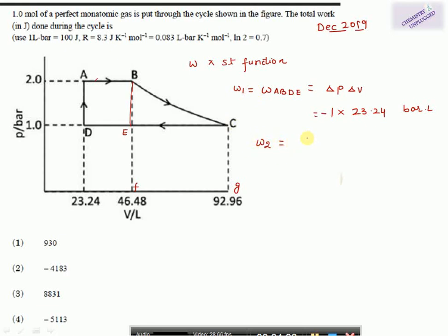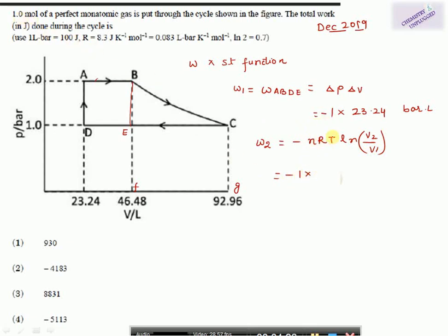So W2 is equal to, this work is also done by the system, so we will put a negative sign here, and we have a formula for this: minus nRT ln V2 over V1. V2 is the final volume and V1 is the initial volume. N is equal to 1 here for 1 mole.